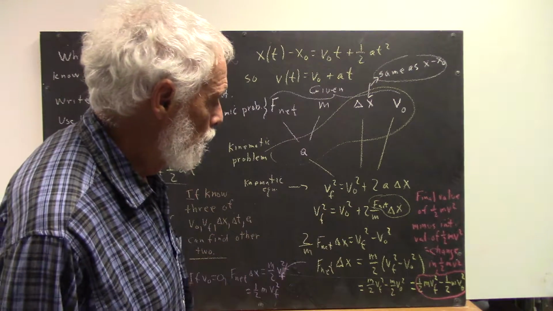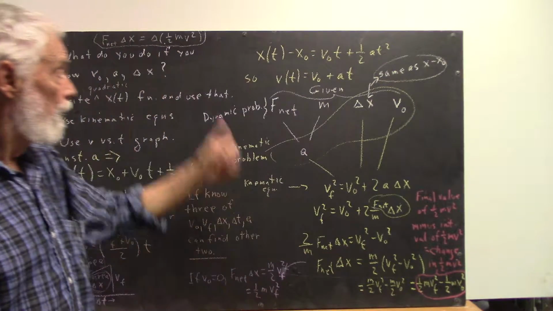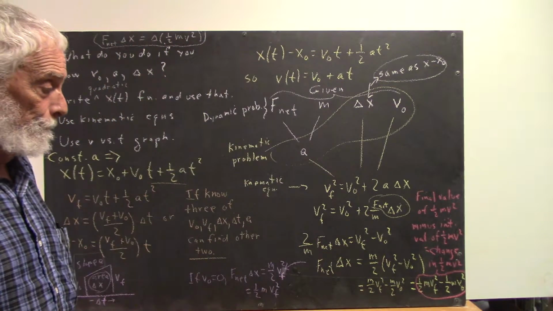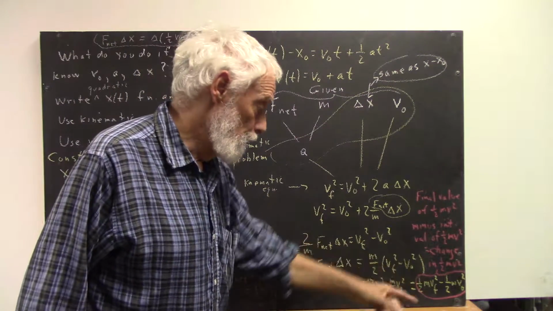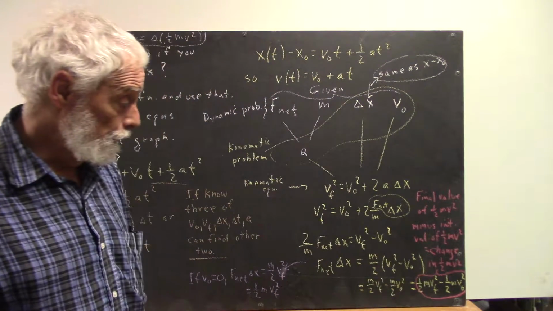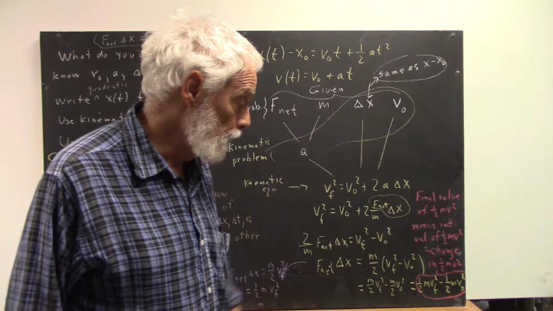Let's go back to where we are here. What can you do here that's going to give you something that illuminates this? Well, why don't we distribute the multiplication by m over 2? You get m over 2 vf squared minus m over 2 v naught squared.